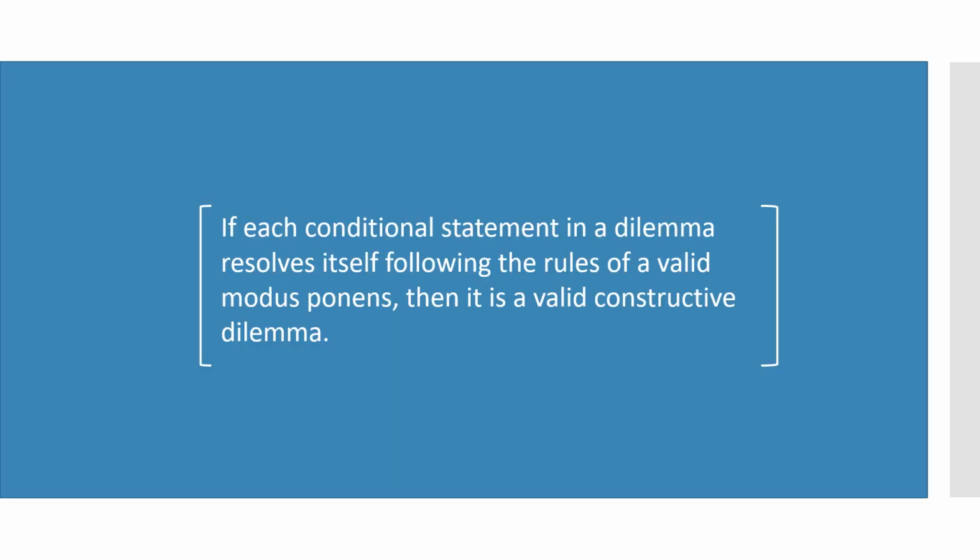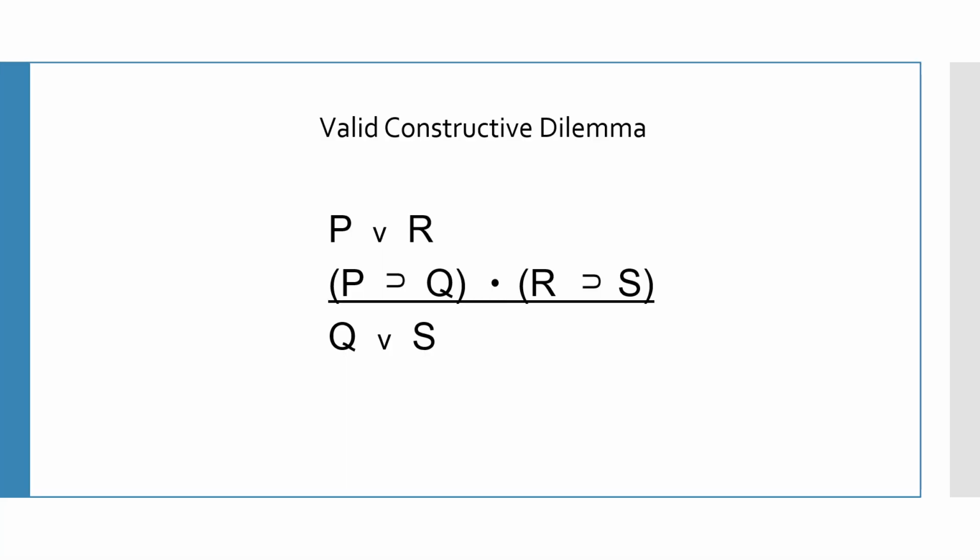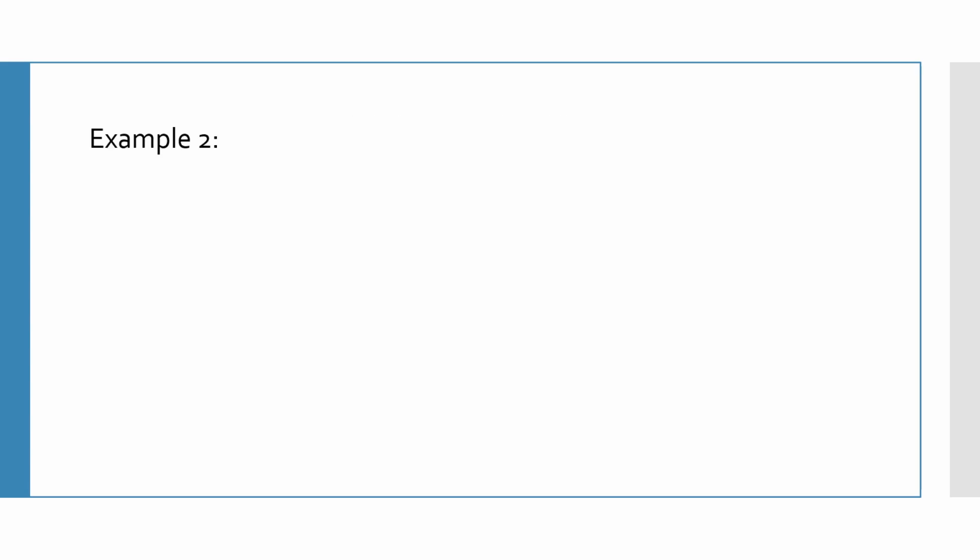If each conditional statement in the dilemma resolves itself using the rules of a valid modus ponens, then we know it's a valid constructive dilemma. So a valid constructive dilemma would look something like this. It's worth mentioning that these can be far more complex and messy than this, but in the end, this would be the basic foundational structure of a classic valid constructive dilemma.